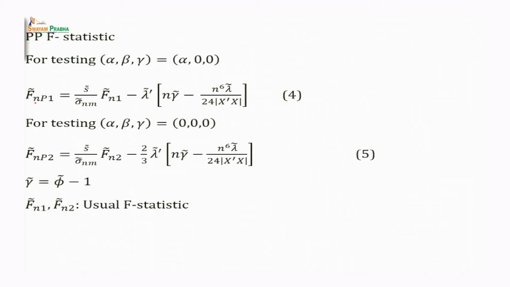Then you use this F statistic, F curl n P1 equal to S curl upon sigma curl n m, F curl n1 minus lambda curl dash n gamma curl minus n to the power 6 lambda curl upon 24 determinant value of x transpose x. Here this F curl n1 is the usual F statistic for testing the hypothesis beta, gamma equal to 0, 0.